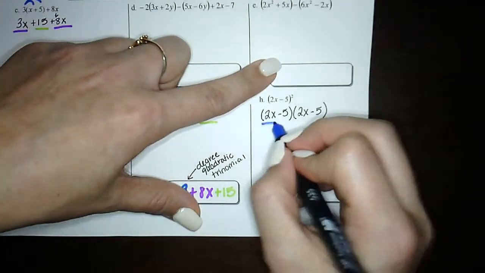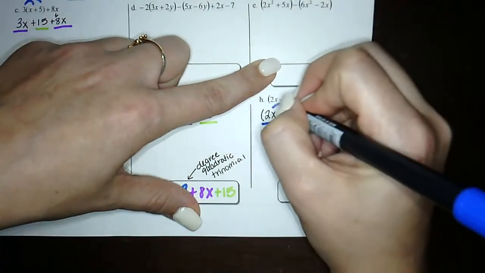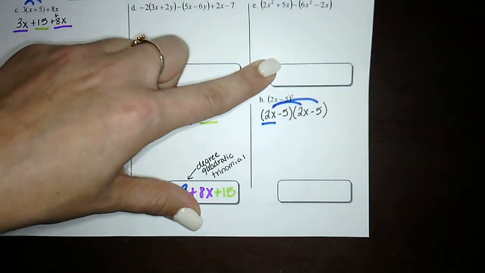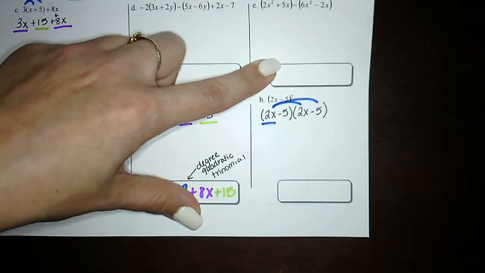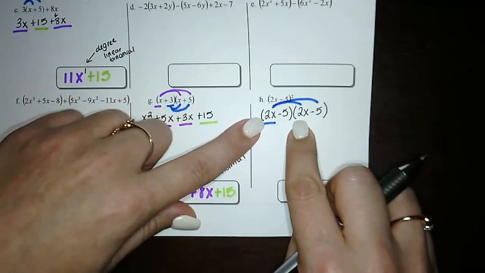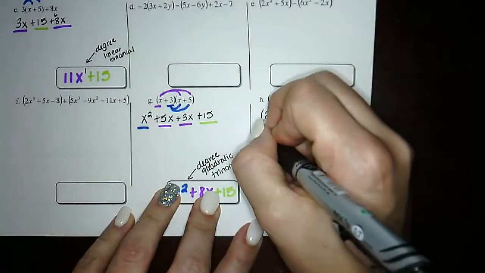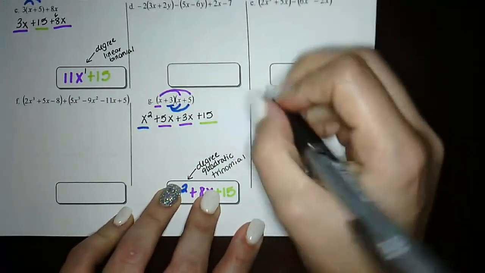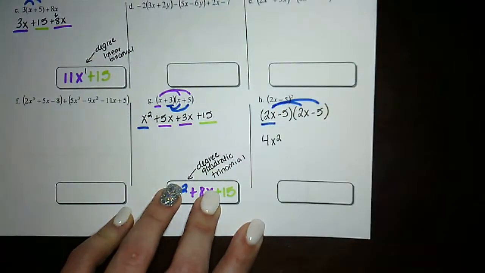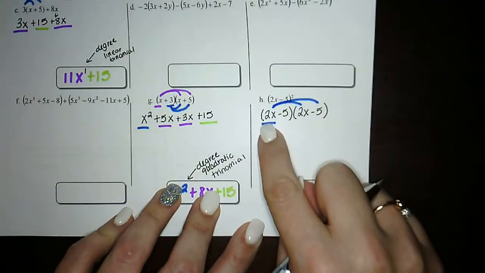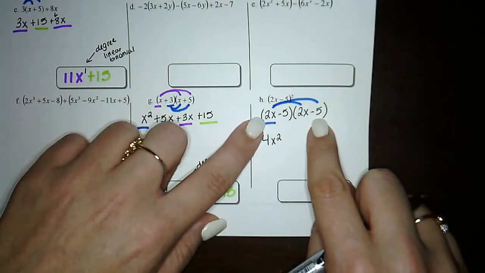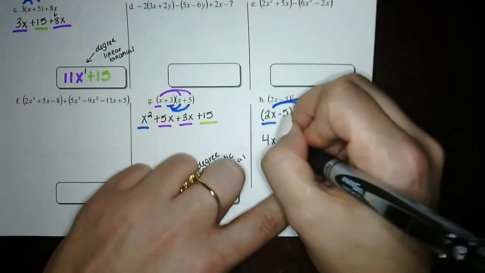We're going to start with this 2x. We're going to distribute to the 2 terms behind it. Multiply the 2 coefficients. So 2 times 2 is 4. X times x is x squared. Now we do the 2x with this negative 5. So 2 times negative 5 is a negative 10.